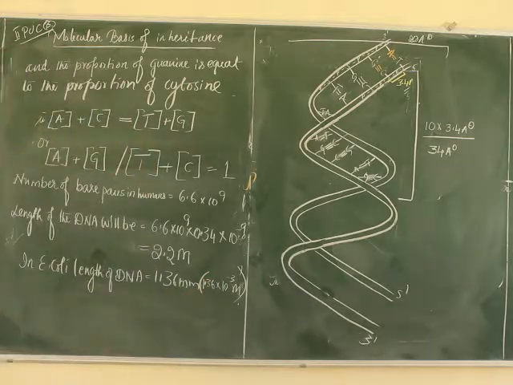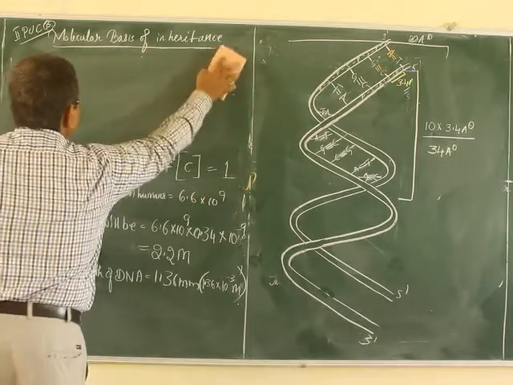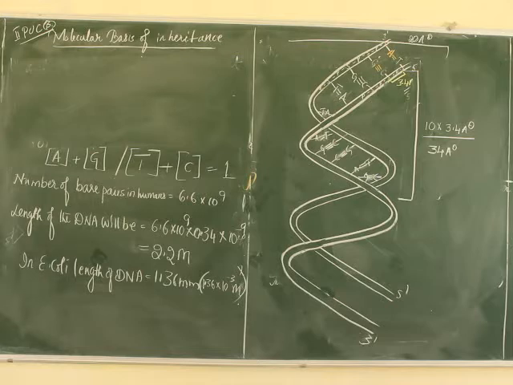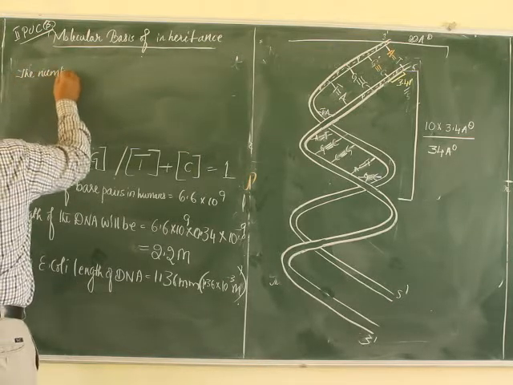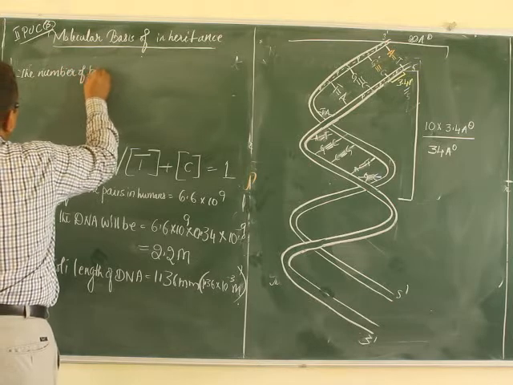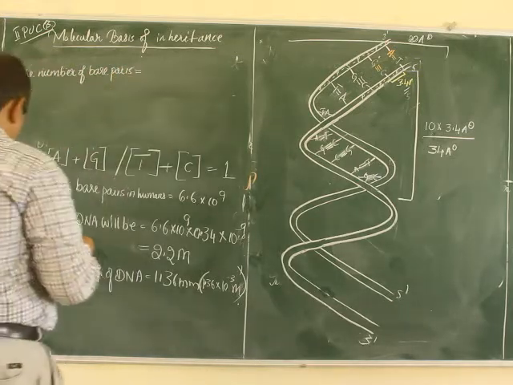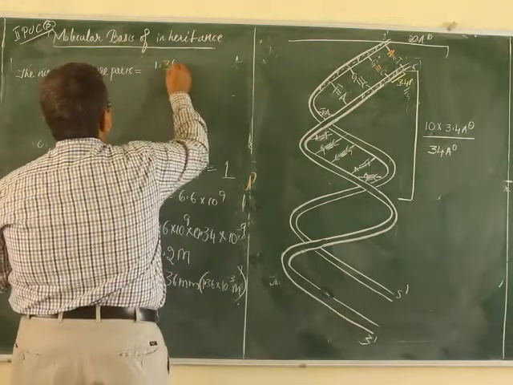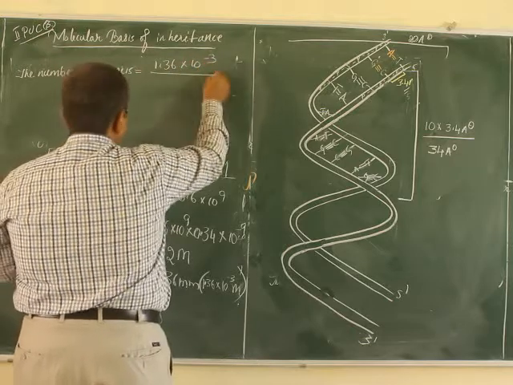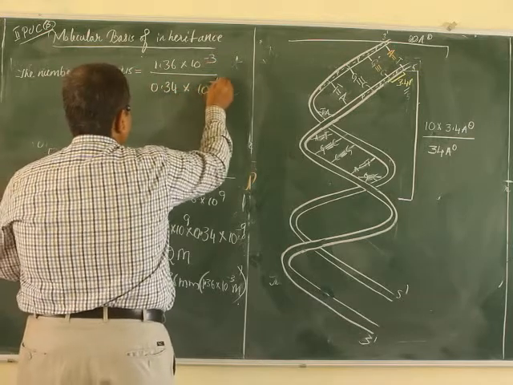Then the other thing we should remember is the number of base pairs is equal to 1.36 into 10 to the power minus 3 divided by 0.34 into 10 to the power minus 9.